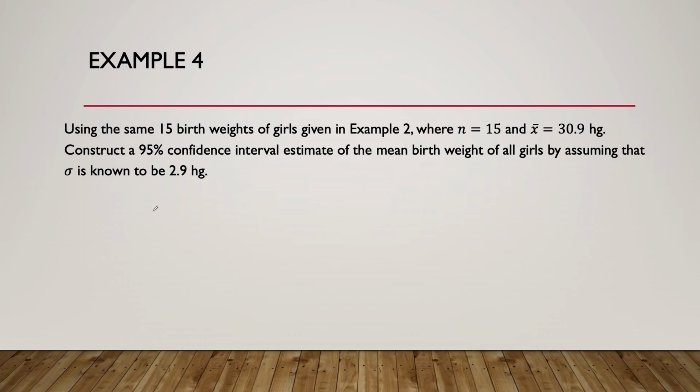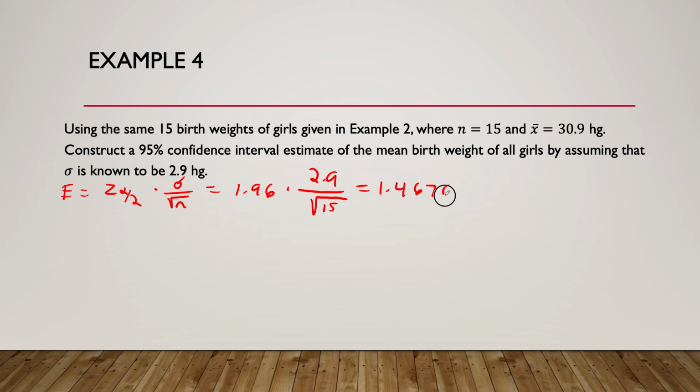So for this, the margin of error we just saw in the last slide is z sub alpha divided by 2 times sigma divided by the square root of n. So this would be 1.96 times 2.9 divided by the square root of 15. Toss that into a calculator, we should get an answer of about 1.46760.